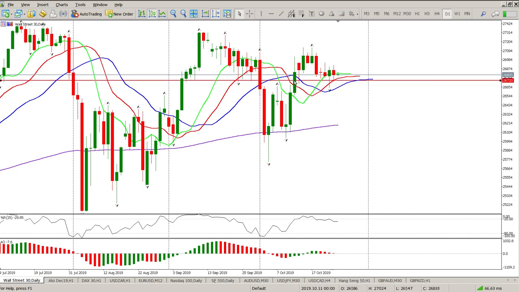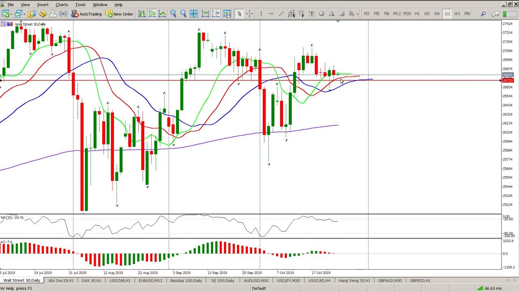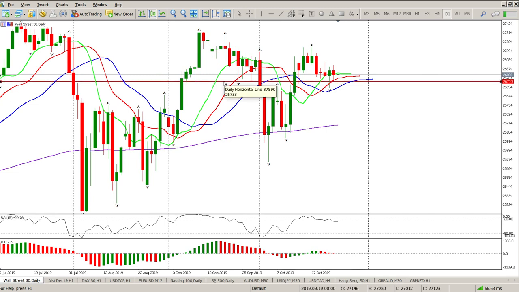For some reason, if this is the level we are defending, 26,733, and actually a little bit better than that, 26,720, I suspect the break below that is going to be pretty telling.